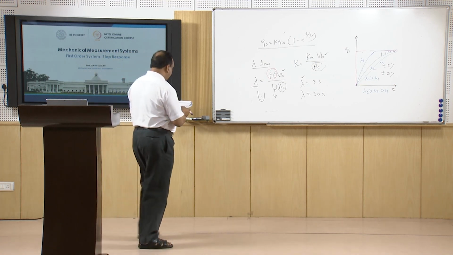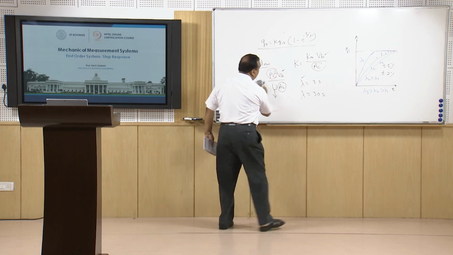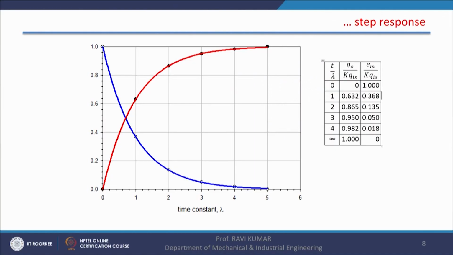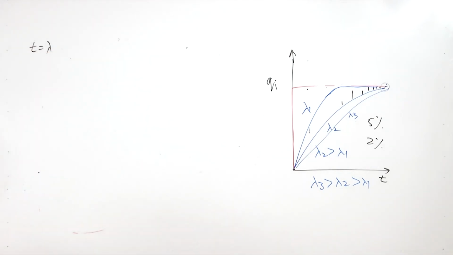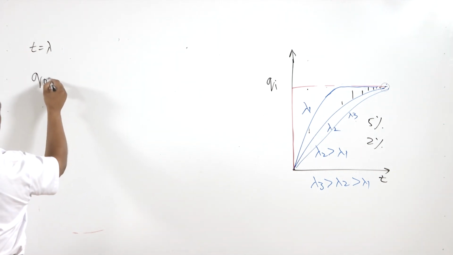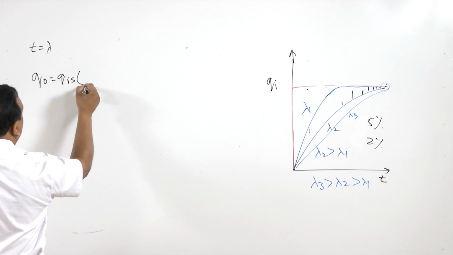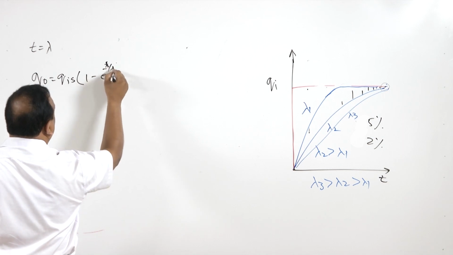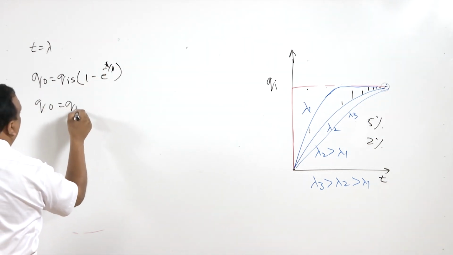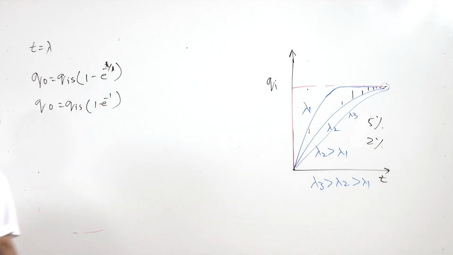Now, if we draw a curve for different values of time constant, first of all, let us say t is equal to lambda. When t is equal to lambda, Qo is equal to Qis times 1 minus e raised to power t by lambda, that is 1 by 1, so Qo is equal to Qis times 1 minus e raised to power minus 1.